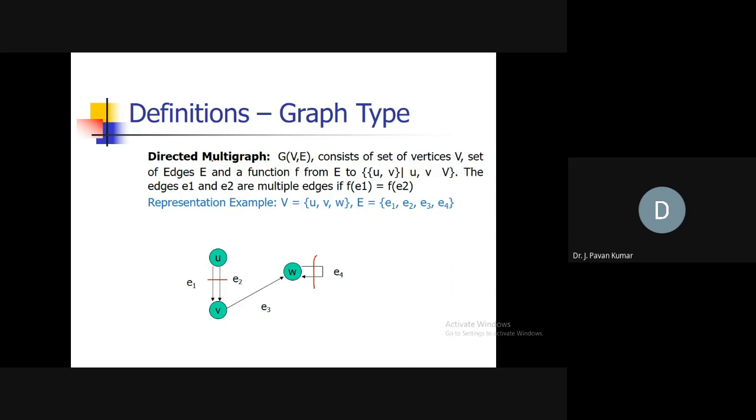Then we can consider it a directed multigraph. It is slightly different from the earlier multigraph, in which we don't have self loops, but in a directed multigraph we will be having self loops as well, in addition to multiple directed edges.